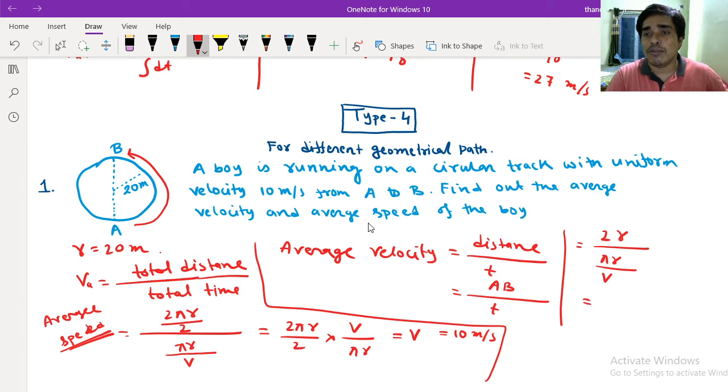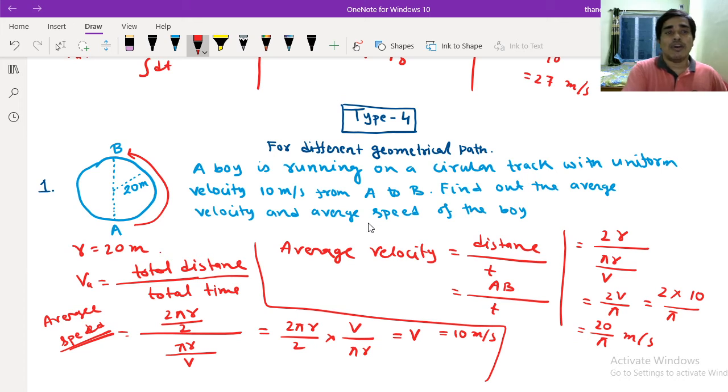So it will be 2v by pi, and 2 into v, which is 10, divided by pi. If I put this value, it will be 20 by pi meter per second. This is the average velocity in this case.